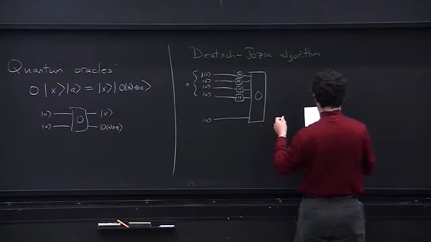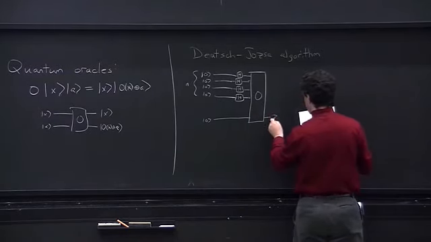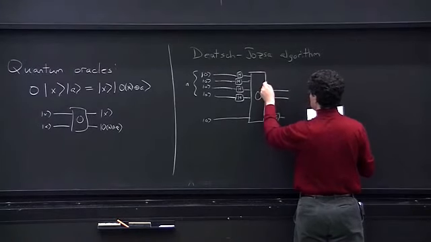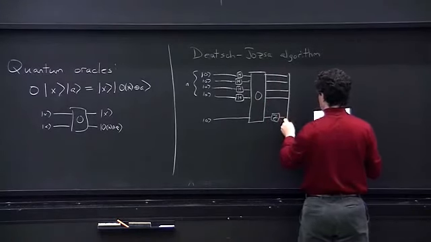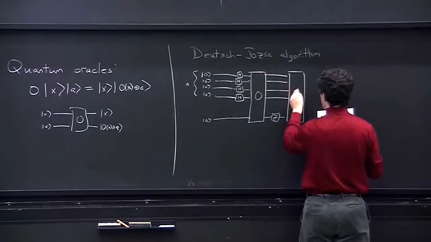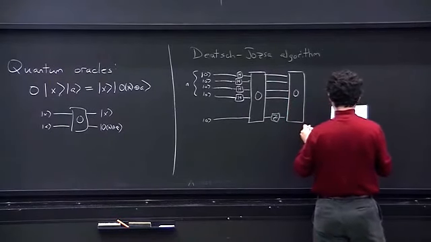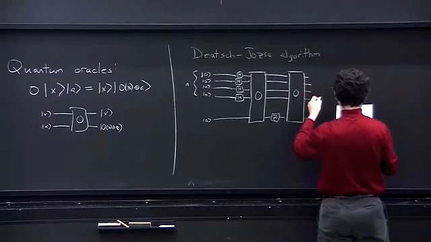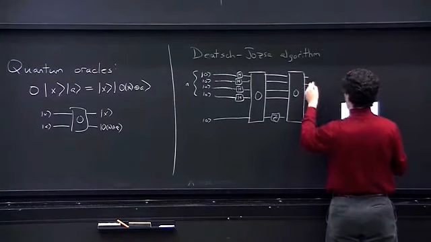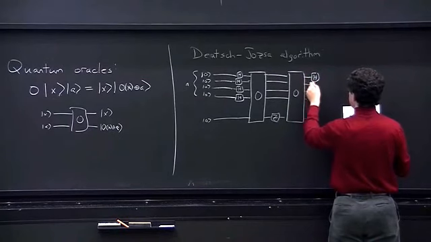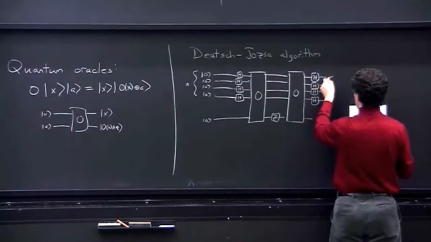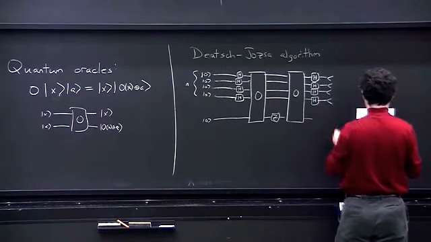And then we do a Z down here. And we do another oracle call. And then we do Hadamard again up here. And then we measure these.